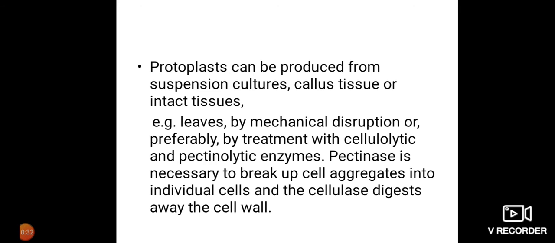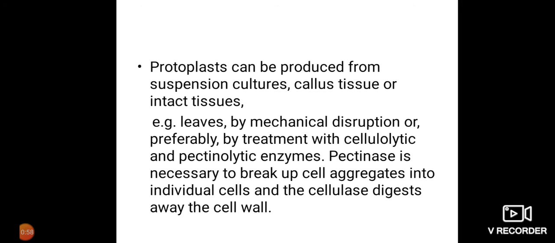For example, if we take intact tissues like leaves, the explant material is subjected to mechanical disruption and treatment with cellulolytic and pectinolytic enzymes like pectinases and cellulases, which break the plant cell wall material, that is cellulose and pectins.